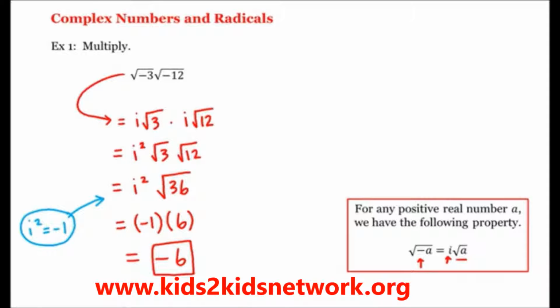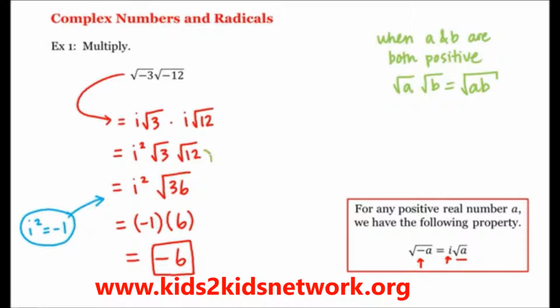Now, we have to be very careful here. When a and b are both positive, then the square root of a times the square root of b is equal to the square root of a times b, which we just applied over here, didn't we? That the square root of 3 times square root of 12 is square root of 36.